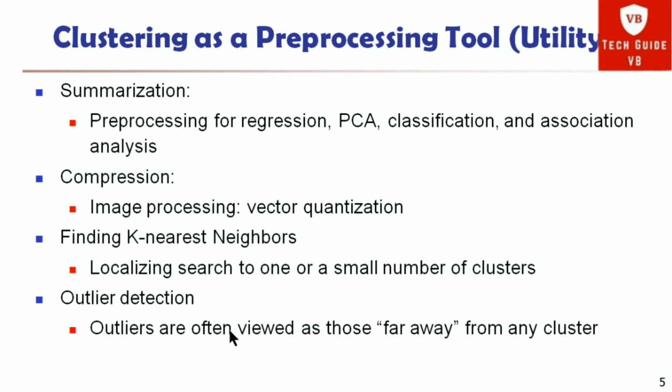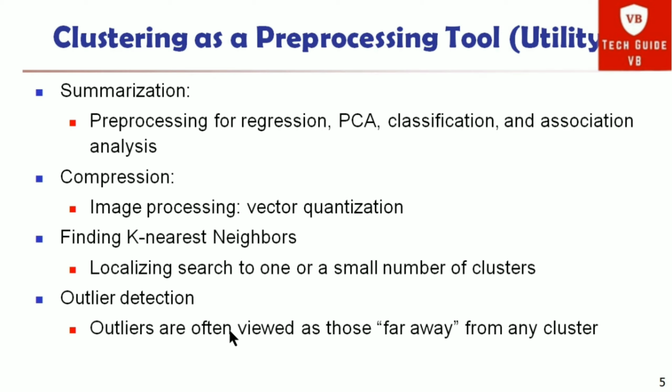Summarization is pre-processing for regression, PCA, classification, and association analysis. Compression is used in image processing, or vector quantization, which is the compression technique used in clustering.